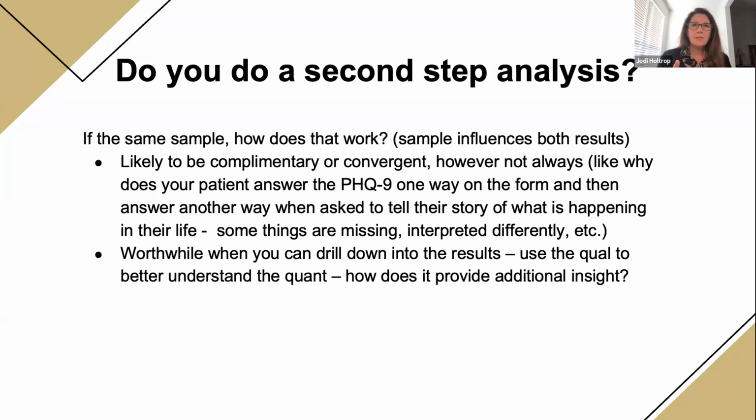If any of you are clinicians, sometimes you give your patient a PHQ-9, which looks at symptoms of depression, and they fill it out, and then in a discussion they give you a really different answer because they interpreted things differently from what the survey meant, or they just want to talk about something that's not on the survey. So it's not always the exact same thing, but it's more likely. It's worthwhile when you can drill down into the results and use the qual to better understand the quant. Does it provide additional insight?